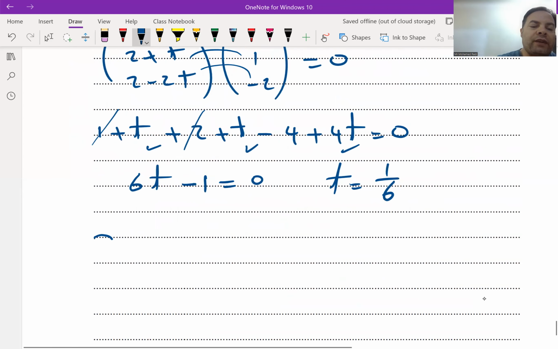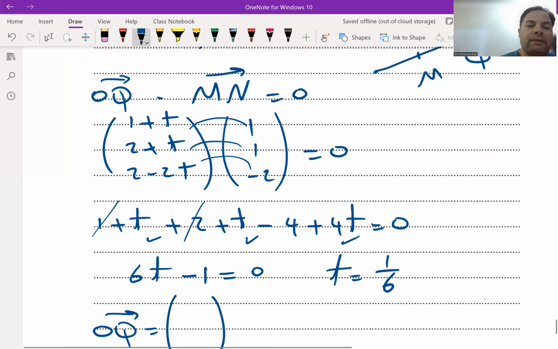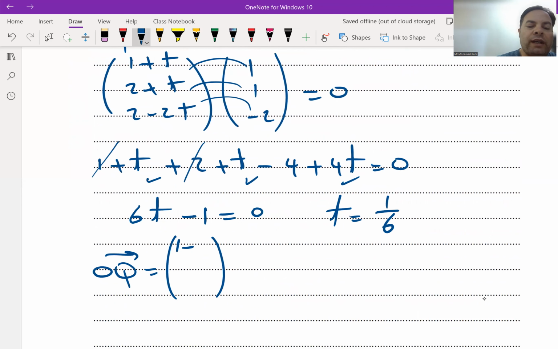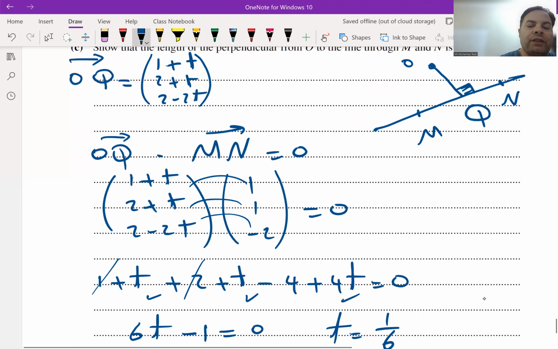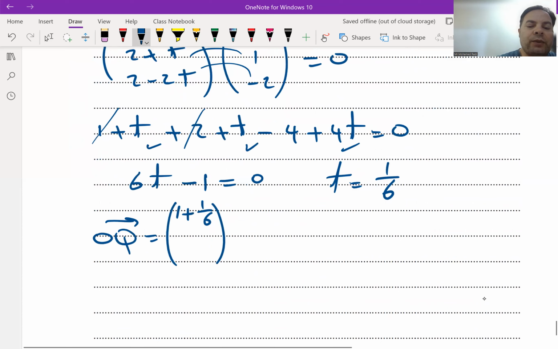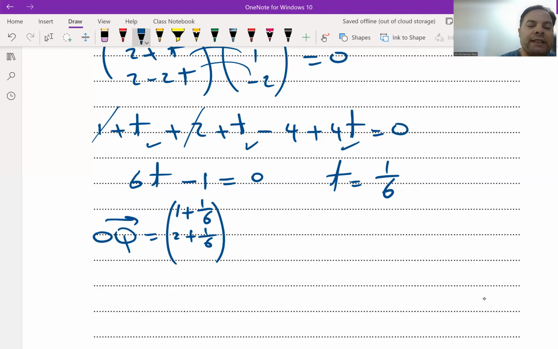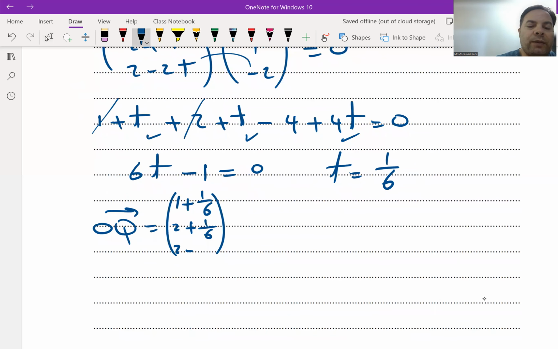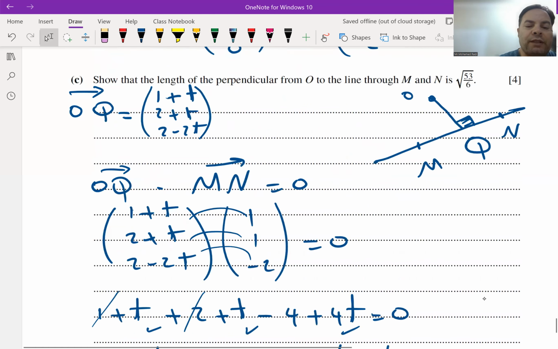So OQ as a vector, if we substitute 1 over 6: 1 plus 1 over 6, 2 plus 1 over 6, 2 minus 2 times 1 over 6.